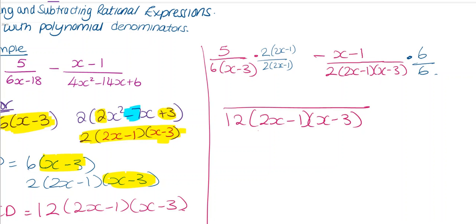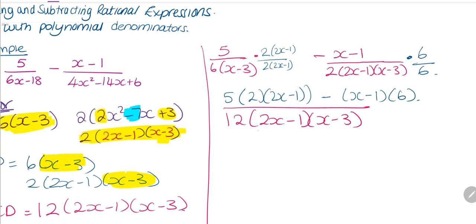So we can write 5 multiplied by 2 times 2x minus 1, and we've got minus, and then x minus 1 times 6.